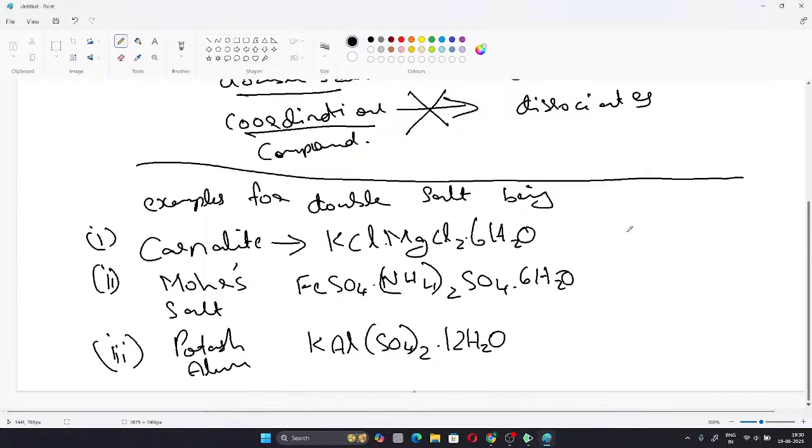Yes, these are the salts which you can get in match the following questions, etc. Carnallite being KCl, MgCl2 and 6H2O.